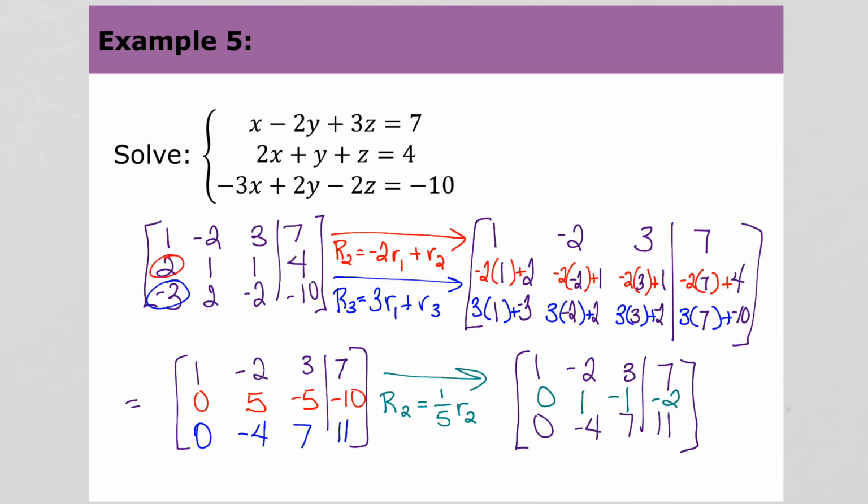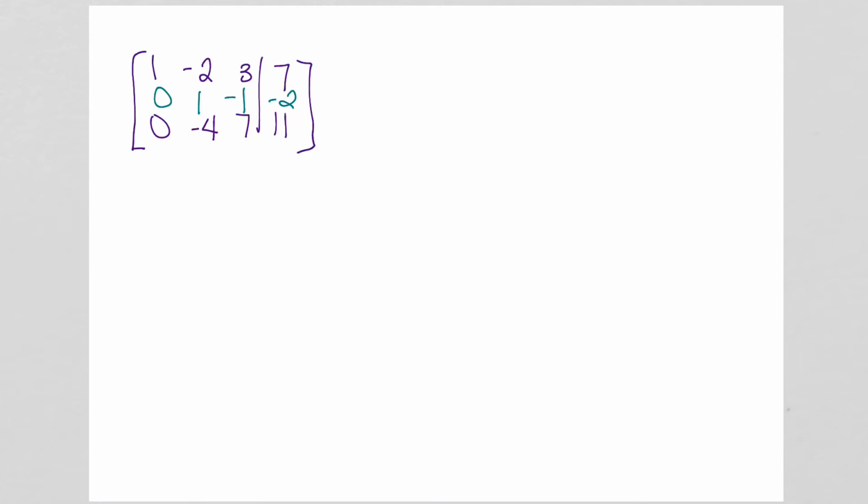Okay, so pick that up. Take it to the next page. Thank goodness for copy and paste. And forward we go. Next step. We've got to get a 0 right here. No sense in worrying about the 1 here yet because it'll just mess it up when we get our 0 on the bottom.